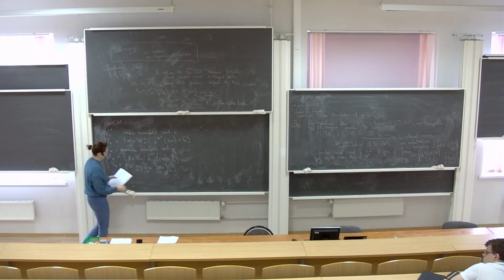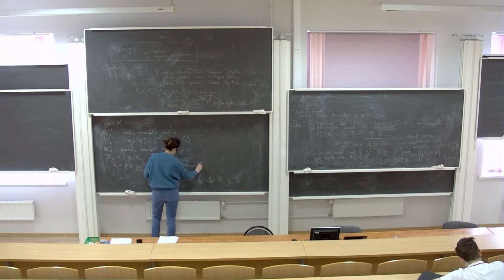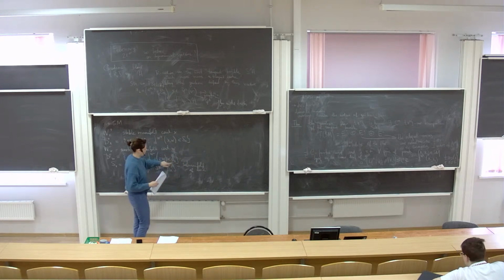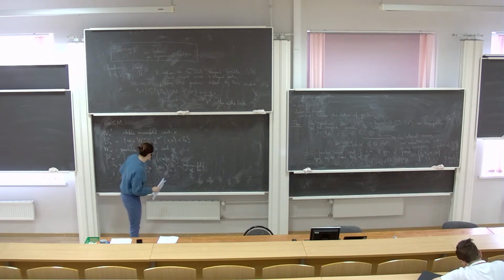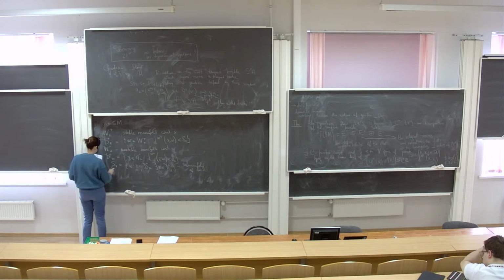So it's a submanifold of dimension 2. And if we take delta small enough, we can assume that this Sx is transversal to the orbit of phi t.